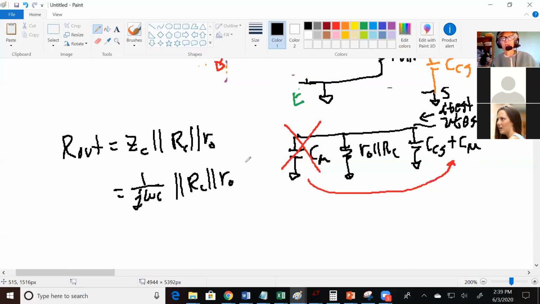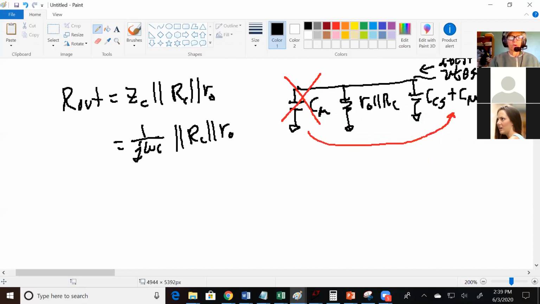Now, one thing when you do small signal analysis with this model, a good final step is to pull out the term. You know that at low frequencies, R out is RO in parallel with RC. It's a good step to try to pull that out.